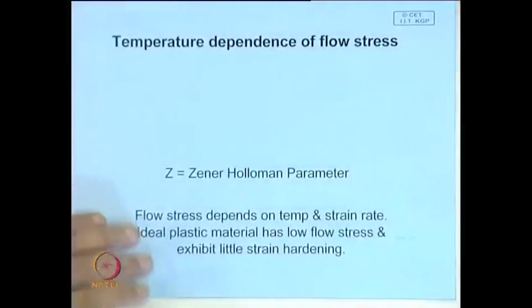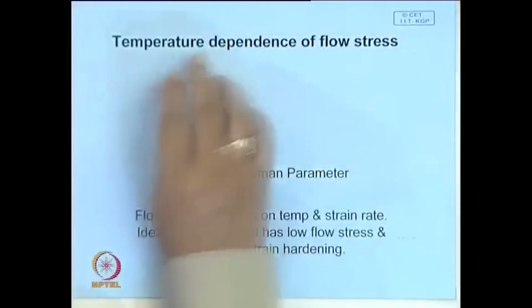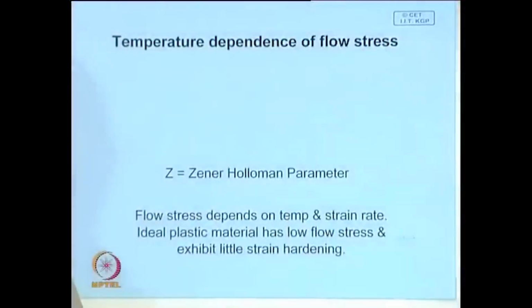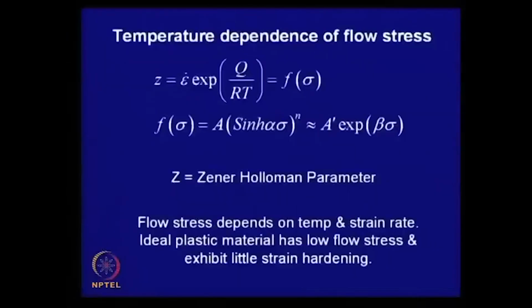Now, let us see how flow stress gets affected by temperature. This is given by this famous expression, a parameter. Often in hot working one introduces a parameter called the Zener-Hollomon parameter.